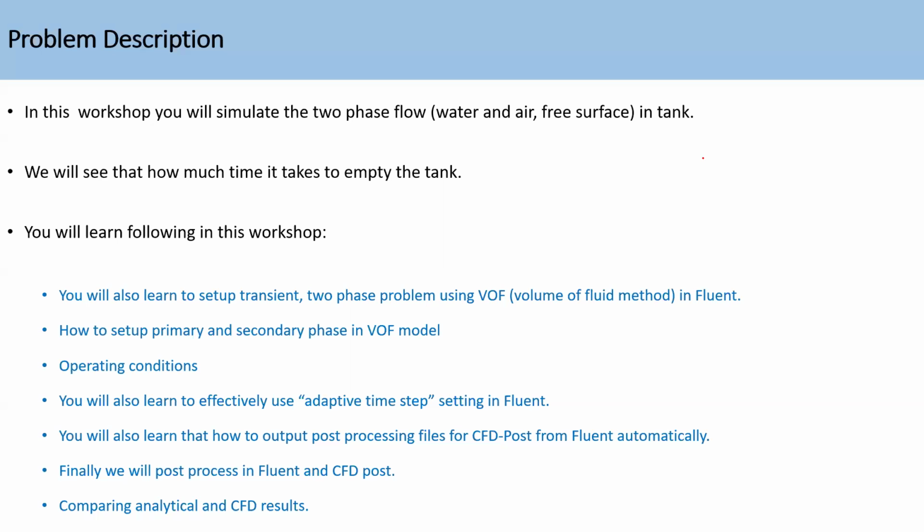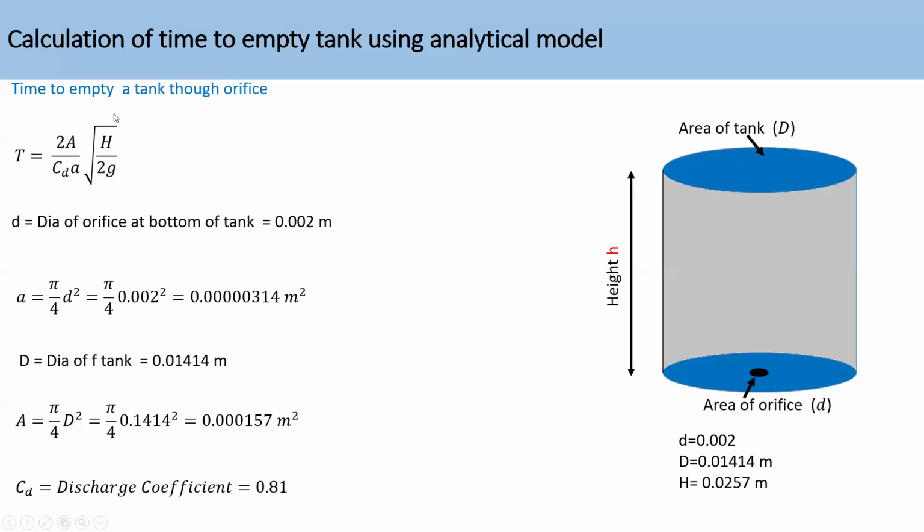So we start with a description of the problem, and then I took one formula from the book, the theoretical formula for the time to empty a tank. Here h is the height of the water level in the tank, and g is the gravitational acceleration, which is 9.81.